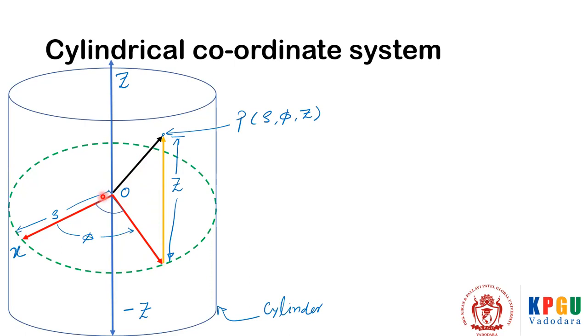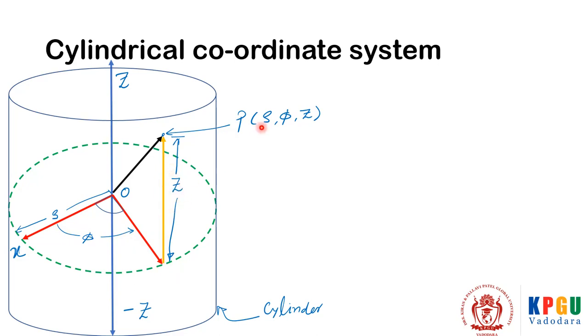Rho is this distance, which is the radius of the cylinder. Z is the axis, and this is the origin point. Phi is the angle in the anti-clockwise direction. You move from the positive x-axis, and then you move vertically upward, parallel to the z-axis, by the amount z.